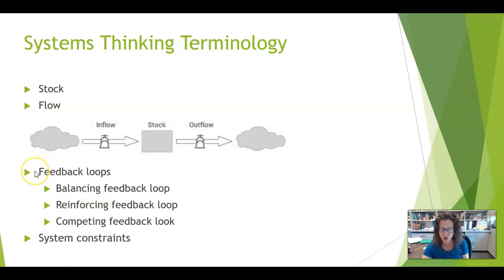If we want to change a system, we have to identify the feedback loops within the system. Feedback loops are what operates within a system to generate more inflow or less outflow. Let's look at some examples. A balancing feedback loop is a situation in which the feedback within the system brings the system close to equilibrium over time.